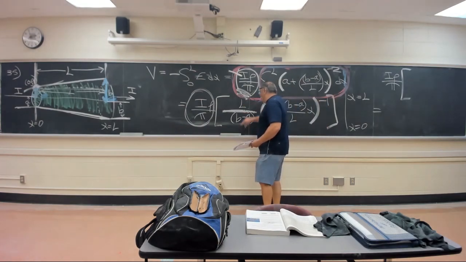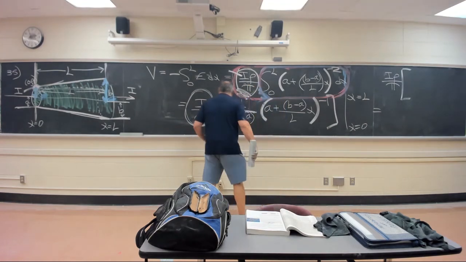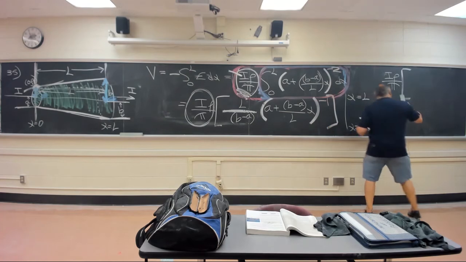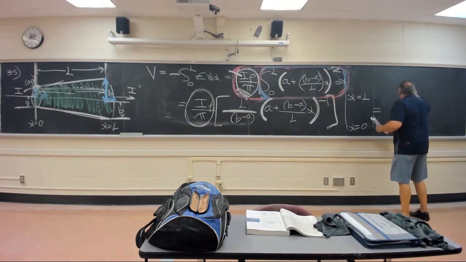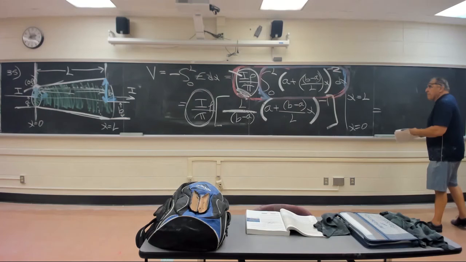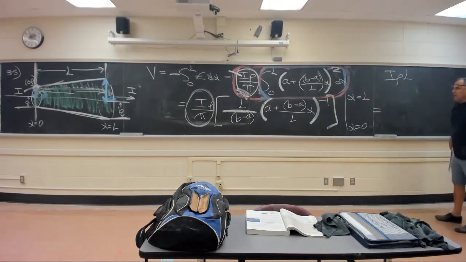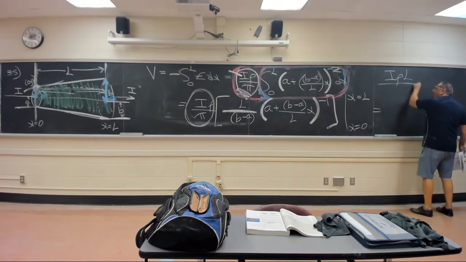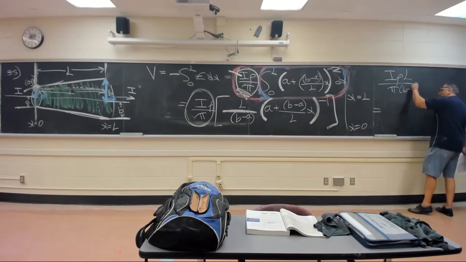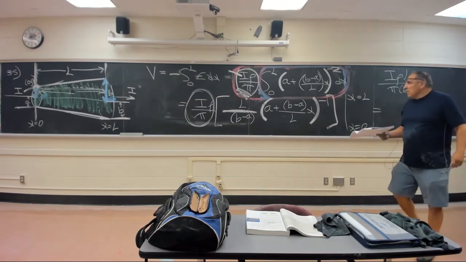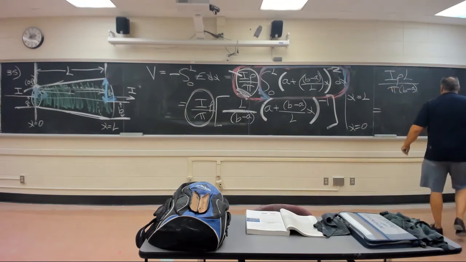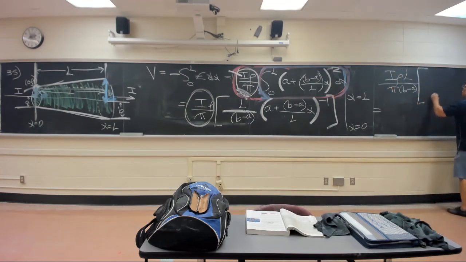The L over the quantity B minus A, that's also a constant. You might as well just bring it out. I rho L. So I'm going to make this I rho L over the evaluation.